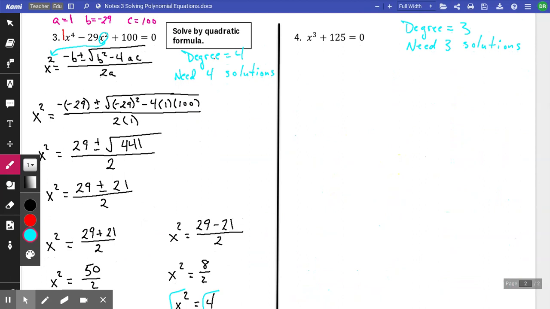On number 4, first off, we're going to need to know how this factors. And so the factors that we need are going to be a plus b times a squared minus ab plus b squared. And that is just straight from the formula. So I'm keeping that in mind as we approach this one.